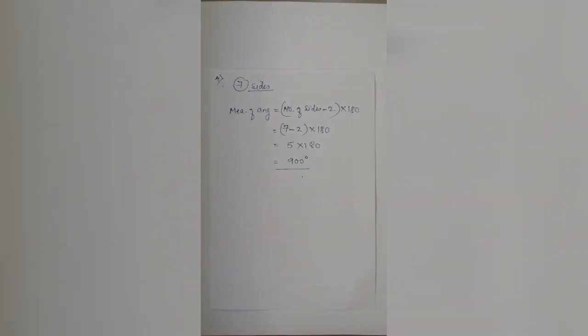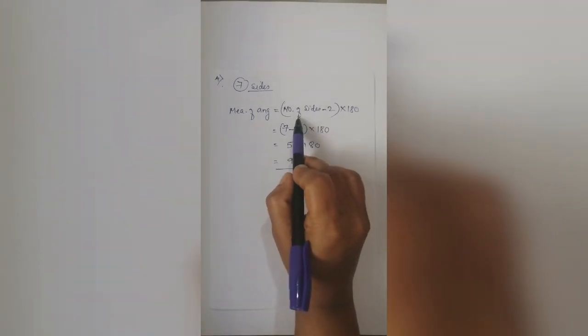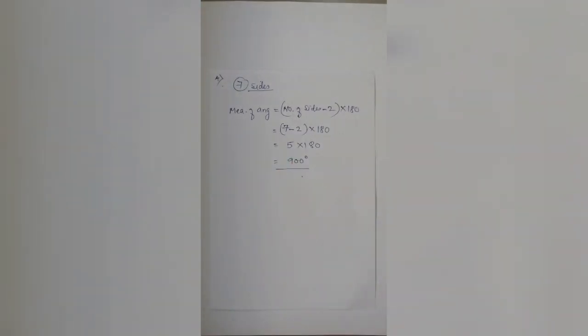Clear? Now by using this formula you will be able to find the sum of all the angles of the polygon if the number of sides is given. It may be a hexagon, pentagon, nonagon, heptagon, any. You only need to know the number of sides.